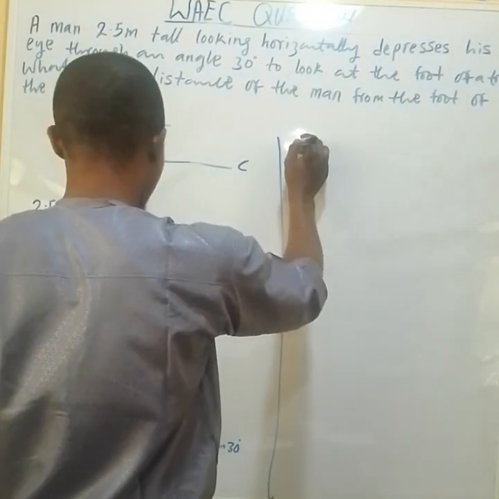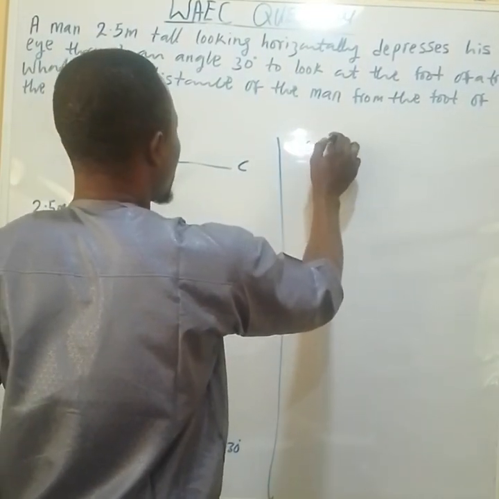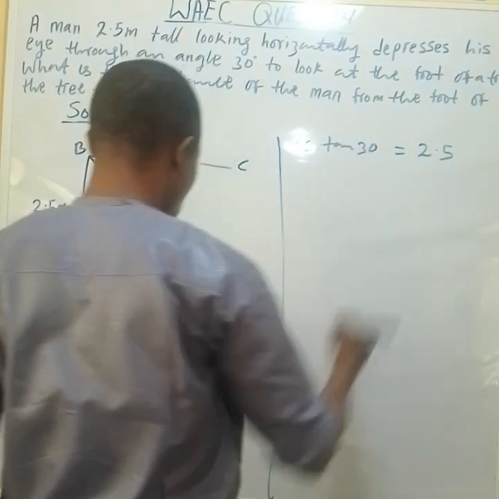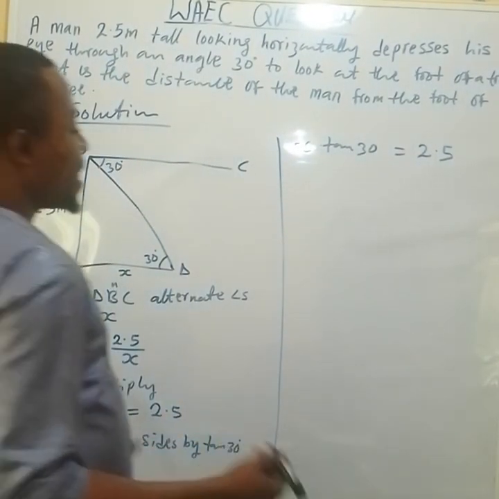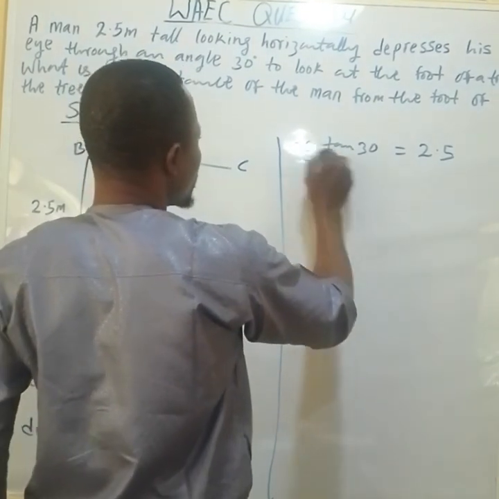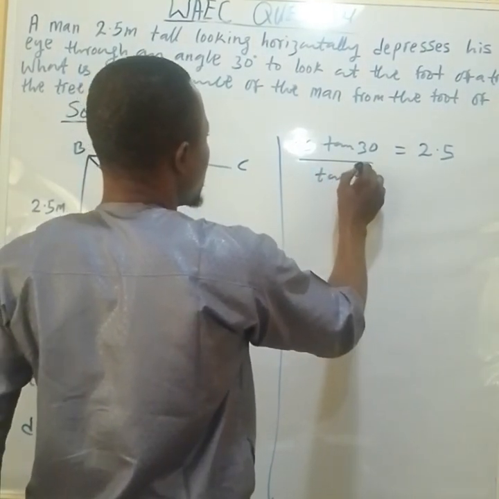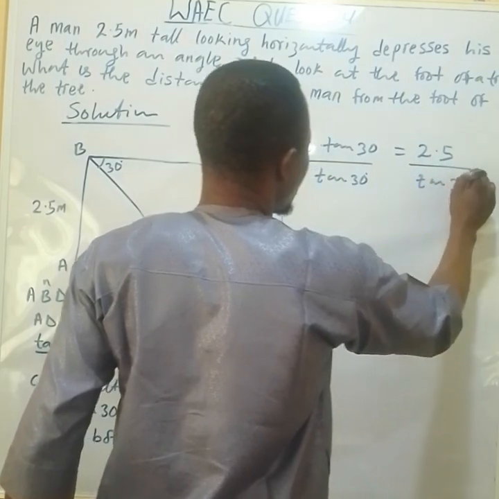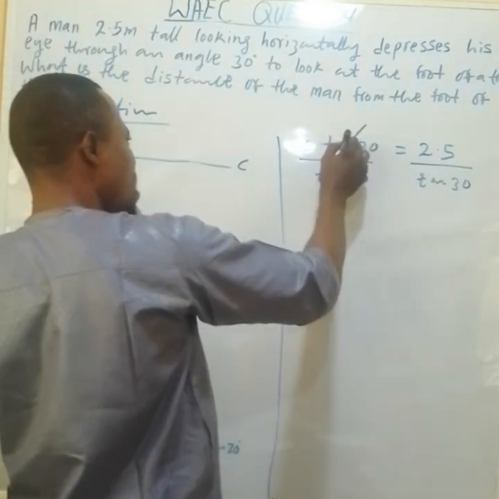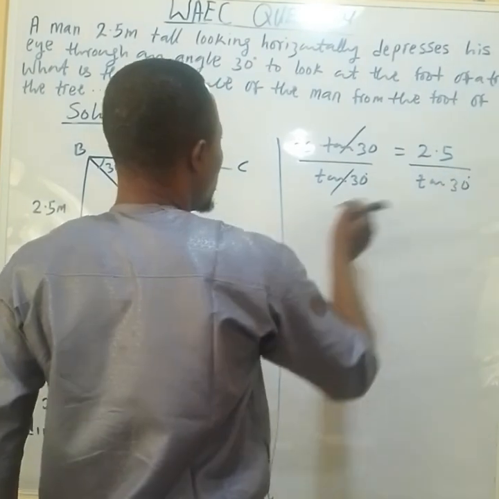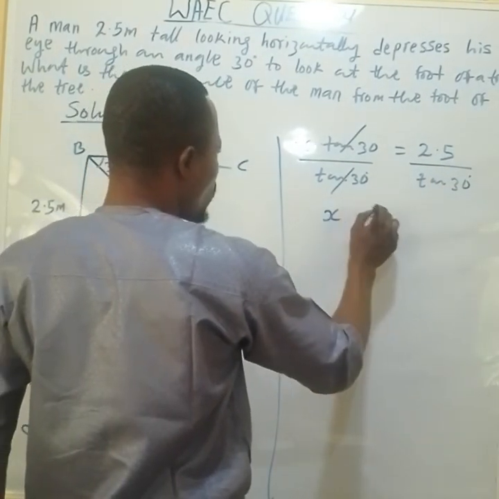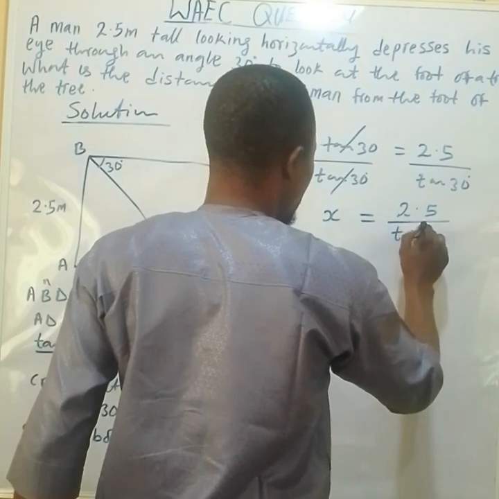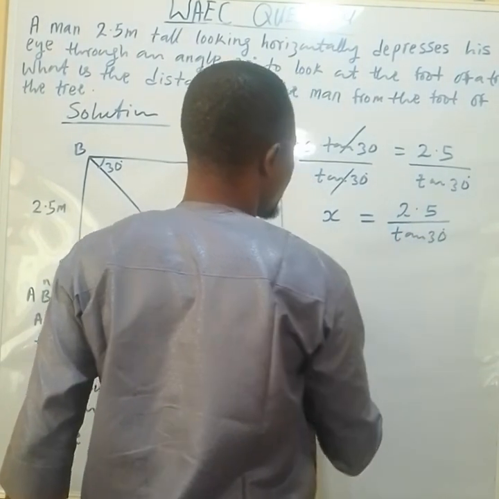So we have X tan 30 degrees equals 2.5, and we divide both sides by tan 30 degrees. The tan 30 degrees cancels here, so we now have X equals 2.5 over tan 30 degrees.